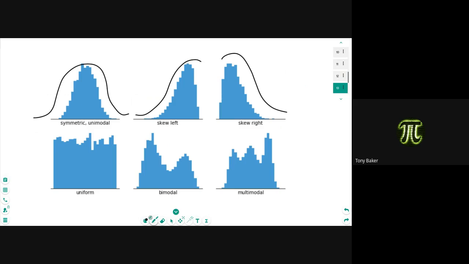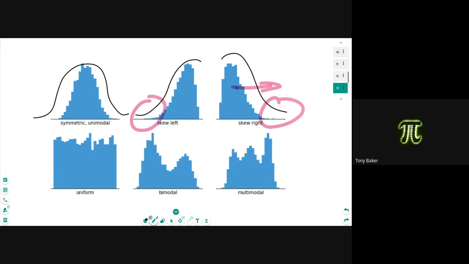So skewing left means that I'm pulling the average to the left of center. So these values down here are going to influence the mean or the average that direction. And that's why it's to the left. Where this one, those higher values over here are going to pull the mean that direction, is why it's skewed to the right.